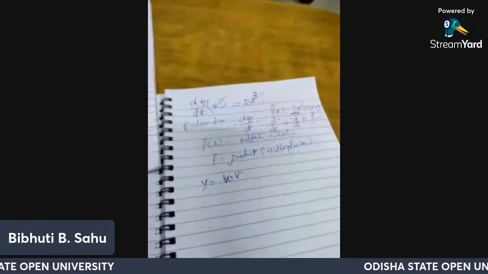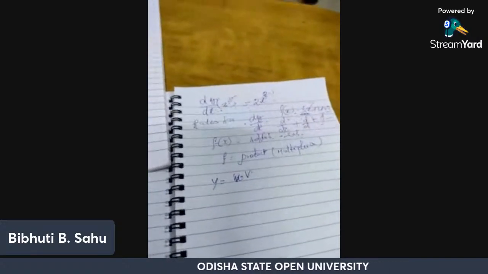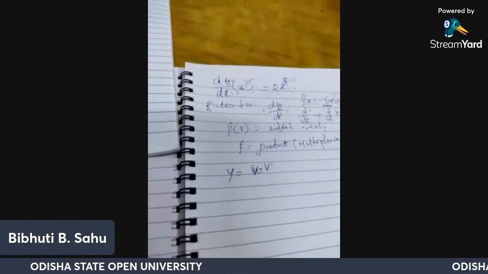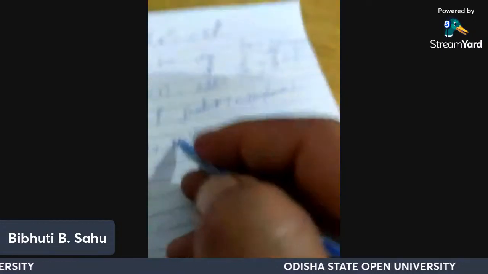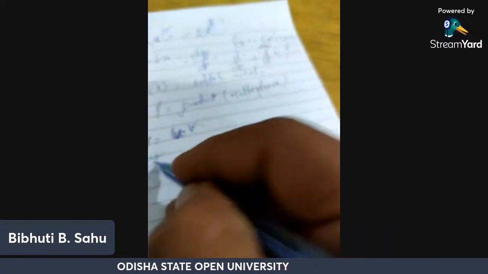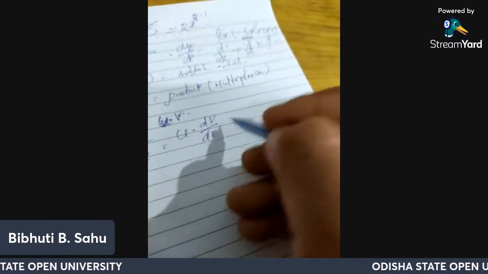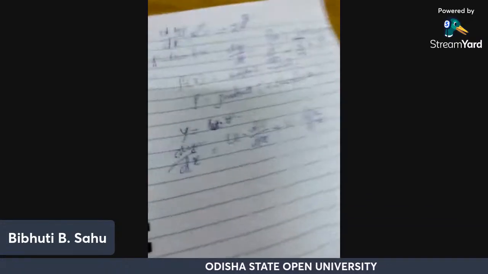To find the derivative when it is in the form of a product, we apply this rule: when y is a function of uv, then dy by dx is equal to u dv by dx plus v du by dx.